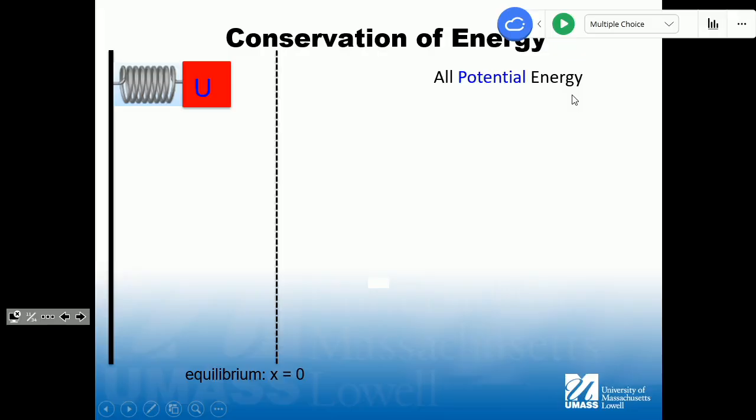Since it's at an edge and not moving, that displacement is A, the amplitude. This makes sense? Okay, so at that location, it's all potential energy. Then you let go, and it starts moving. It's going to move back towards equilibrium. When it's passing through equilibrium, what is the stretch in the spring?